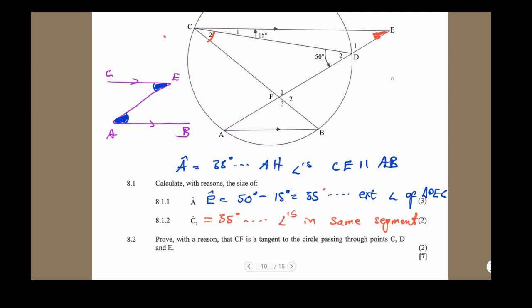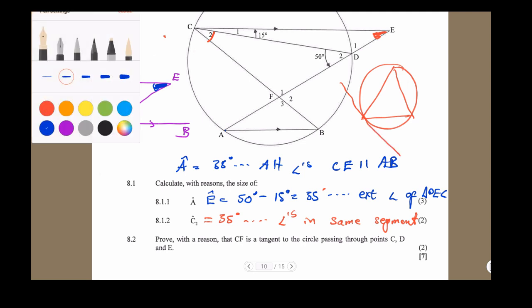The tan-chord theorem states that if you have a triangle like this one and you have a tangent here, so let me draw a perfect circle. If you have this and you have this tangent here, okay, I think this is perfect.